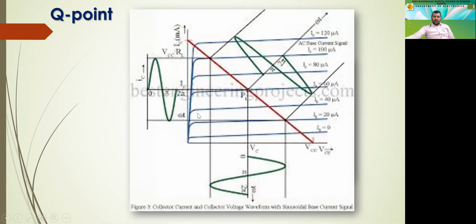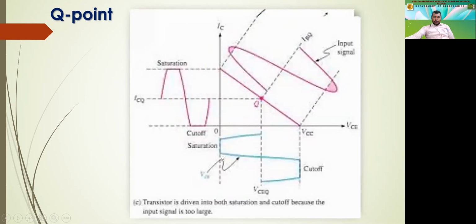So this is how the transistor works. To work in the active region, we require this Q point. And if you don't work at this Q point, then what happens? It goes into saturation. So the output current over here will go into saturation.